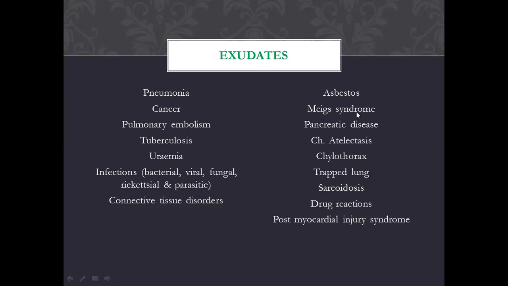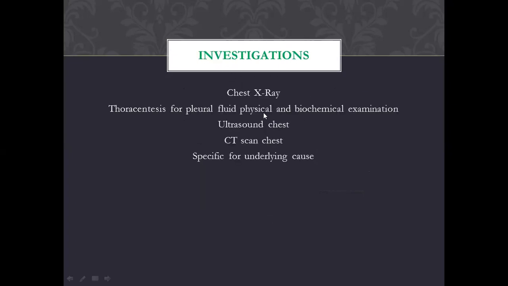Connective tissue disorders, asbestos, Meigs syndrome, in which there is an association of an ovarian tumor with the presence of pleural effusion. Pancreatic diseases and chronic atelectasis, chylothorax, trapped lung, sarcoidosis, drug reactions, and post-myocardial injury syndromes. These are all the causes of the exudative type of pleural effusion.